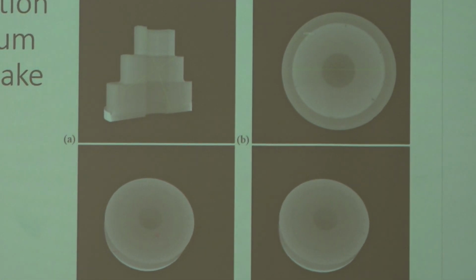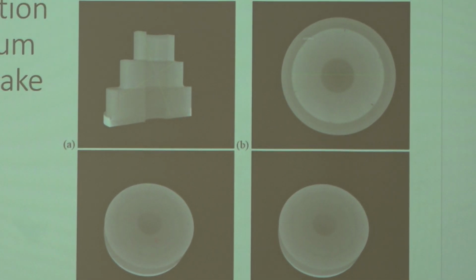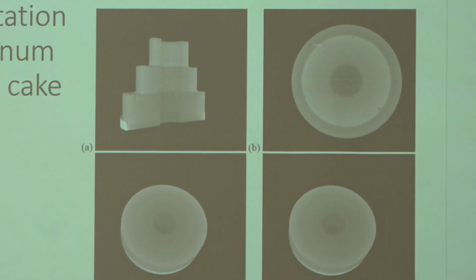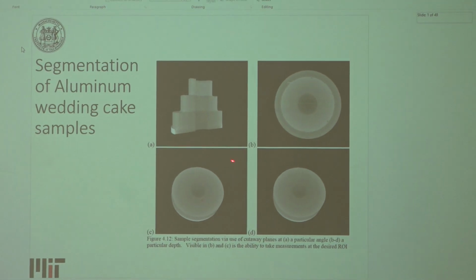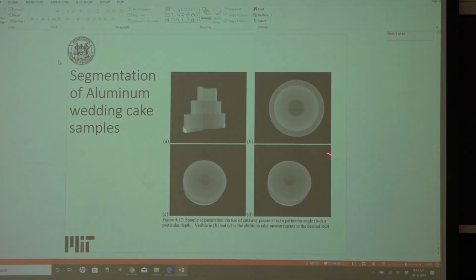It would have probably had to go up to a 300, 350 keV system to get a better image. But what you can see here is that for reverse engineering or for flaw detection, you can actually do that segmentation and take cutaway shots. So this would be halfway through the thickness. You can take cutaway shots of the various layers.